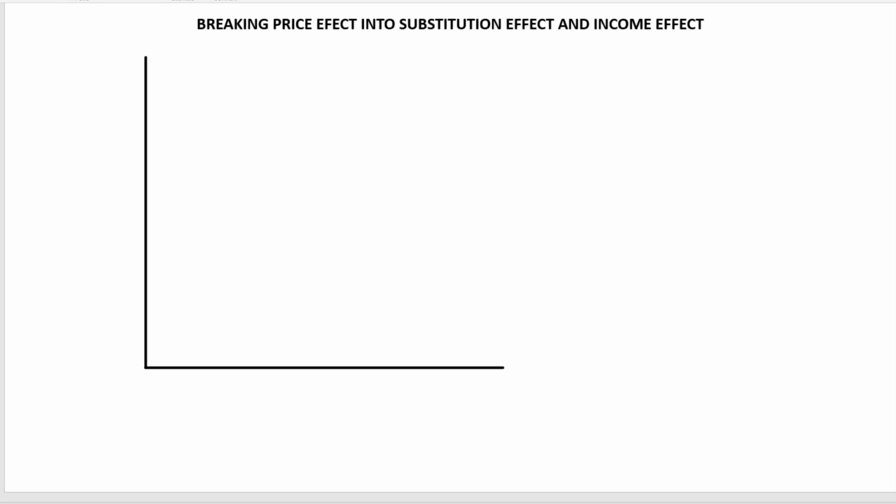So let us also label this system as good x and good y. So this is my good x and this is my good y. Okay, so this is my y and this is my x.